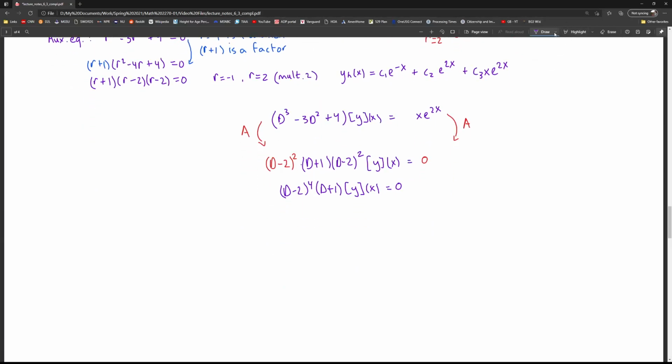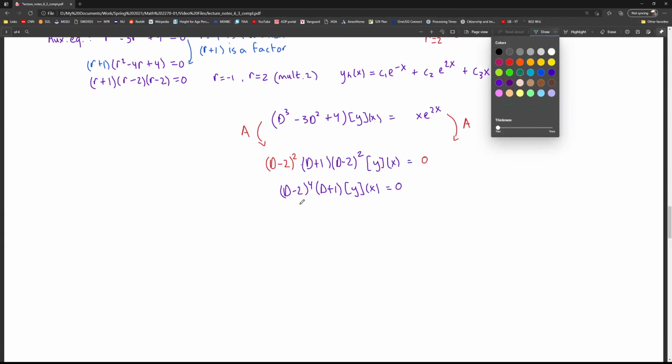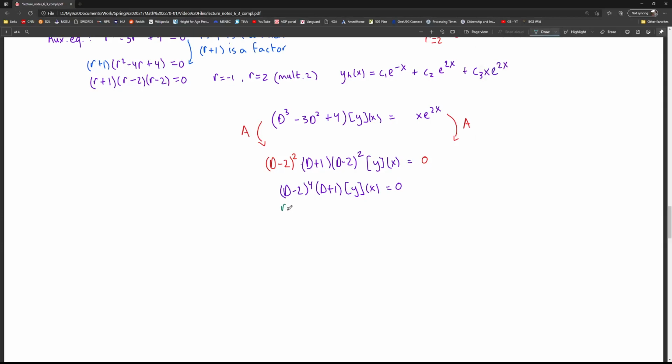And just as before, we're going to take a look at the roots. This root is 2, and it is a root of multiplicity 4. So I don't just get e to the power 2x, I get x e to the power 2x, I get x squared e to the power 2x, and then I get x cubed e to the power 2x.